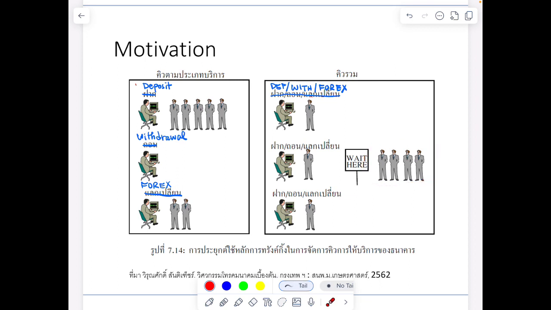So when any person is finished with a customer, the next customer can go to the next free agent. Usually we would see this kind of queue management in today's scenario. So this is much more efficient. This is what we call trunking, where we apply the trunking principle, where the resources are shared together with one pool of customers.